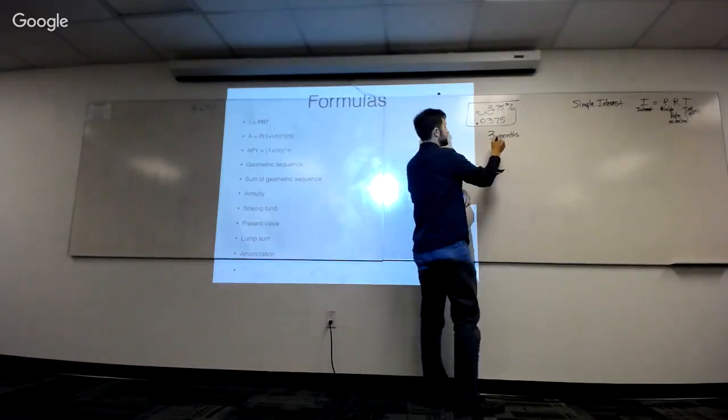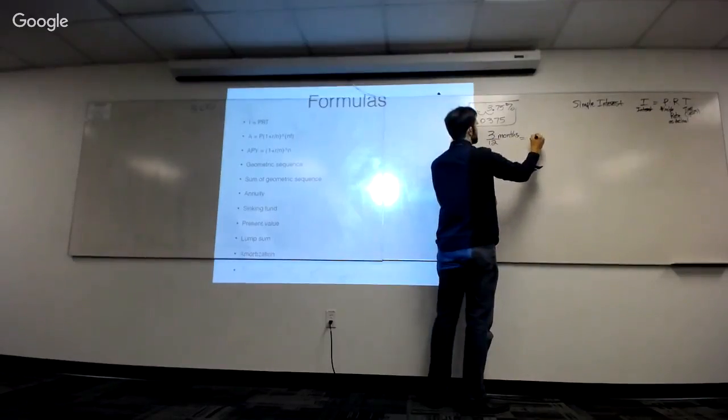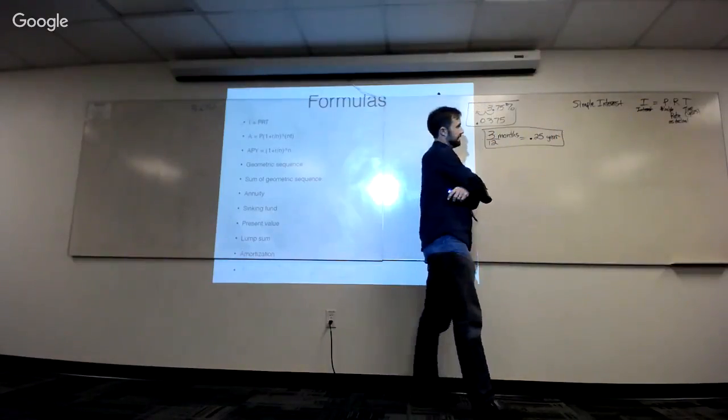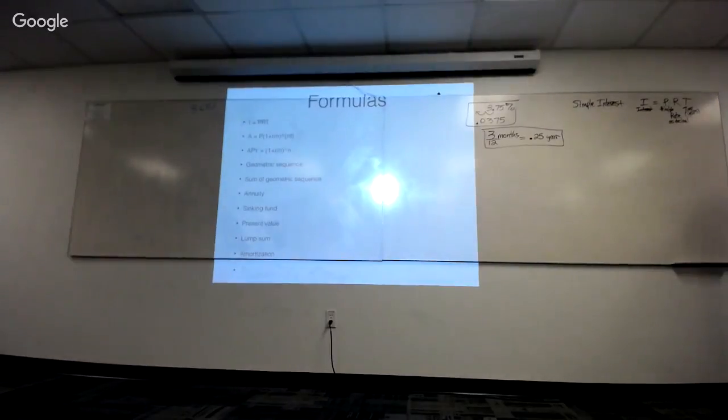Yeah, you just divide it by 12. So if they tell you 3 months, you divide it by 12, and that's actually 0.25 of a year. Again, it begs the question of why we even use percentages if we do everything in decimals, and why people talk about anything other than a year, because you have to turn it back into years.